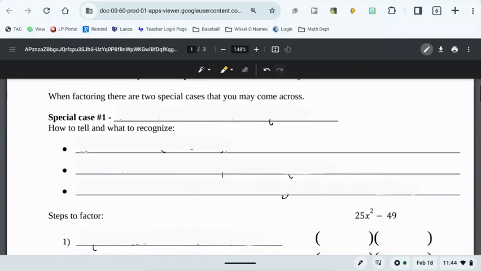When factoring, there are two special cases that you may come across. Special case number 1, we call it a difference of perfect squares. So without me even showing an example or going into things to recognize, let's just break that down. Difference in math is subtraction, and then perfect squares.